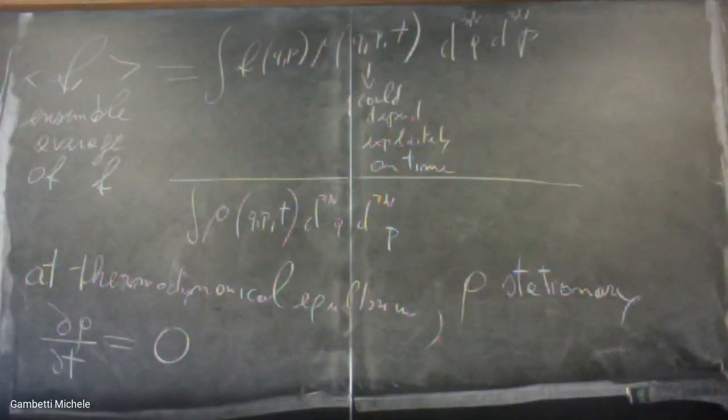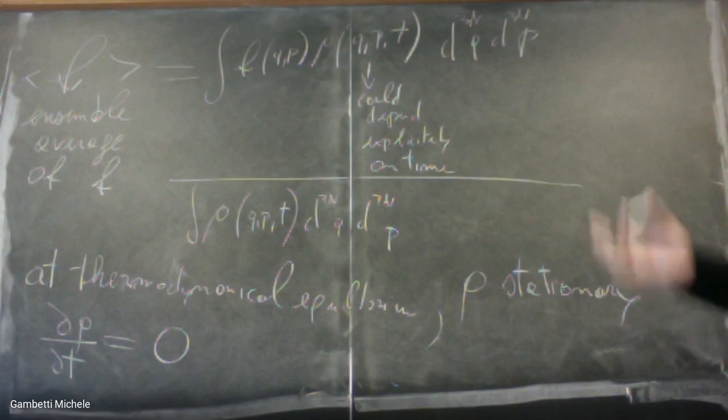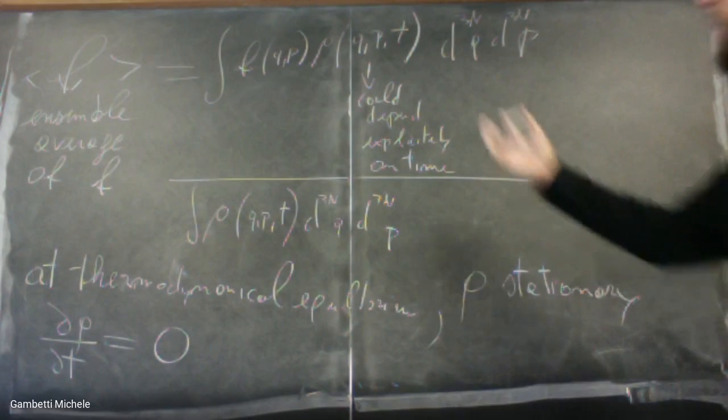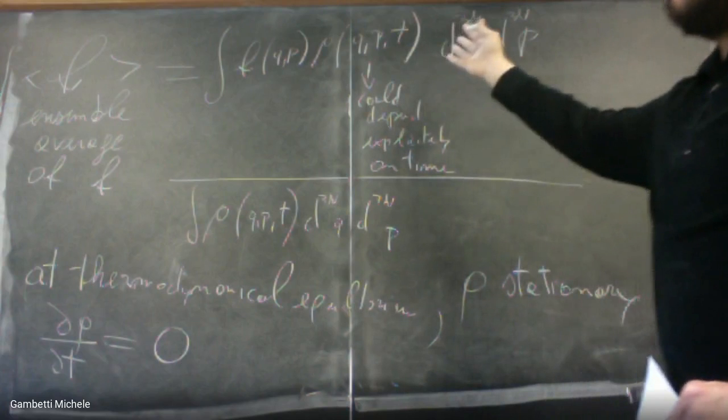And then in this case, indeed, we have exactly the situation that I was trying to construct from the beginning, so to have an average which does not depend on time anymore.